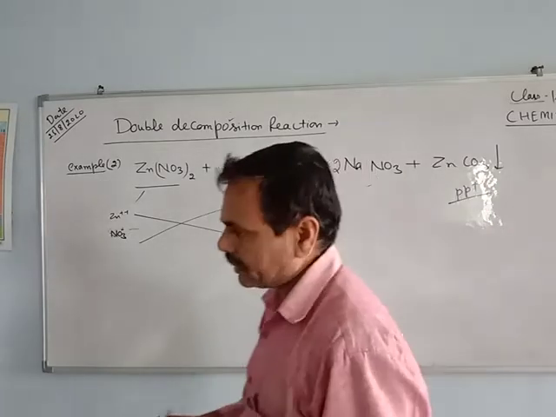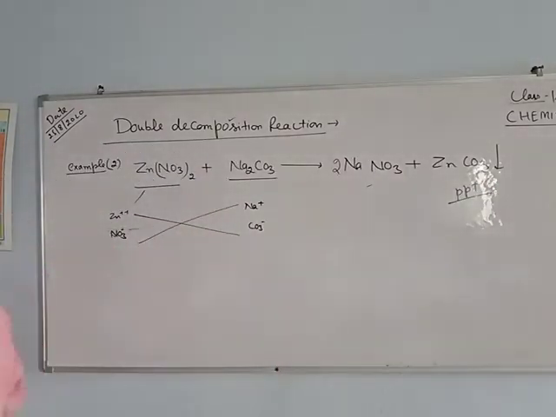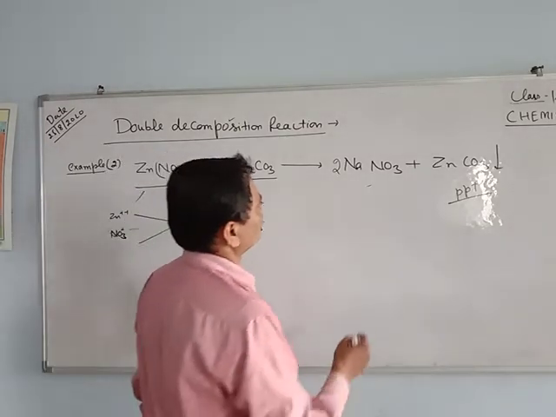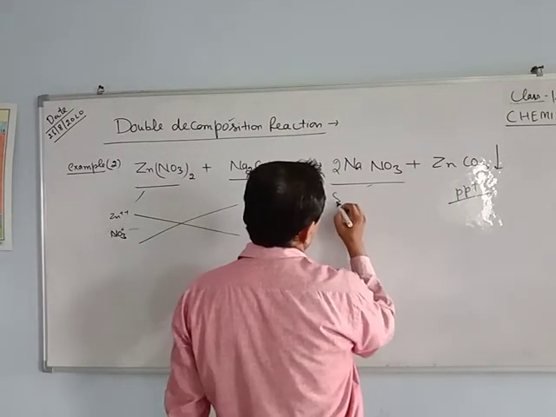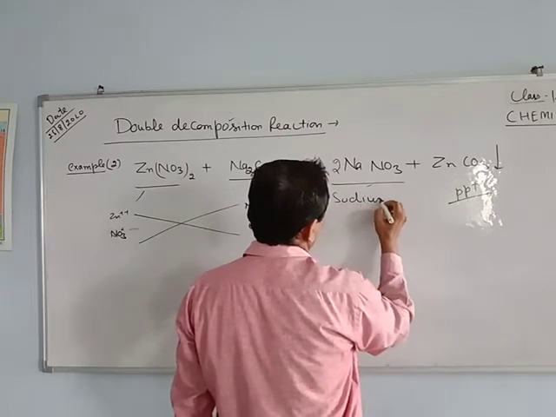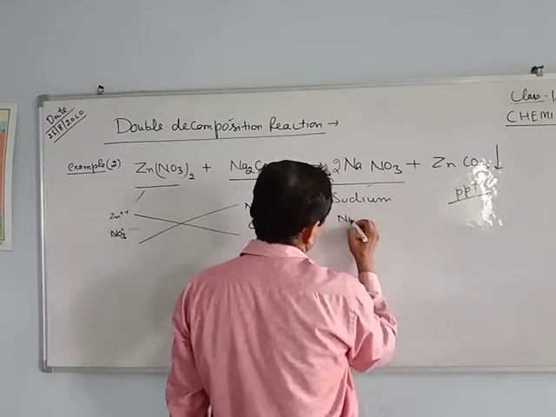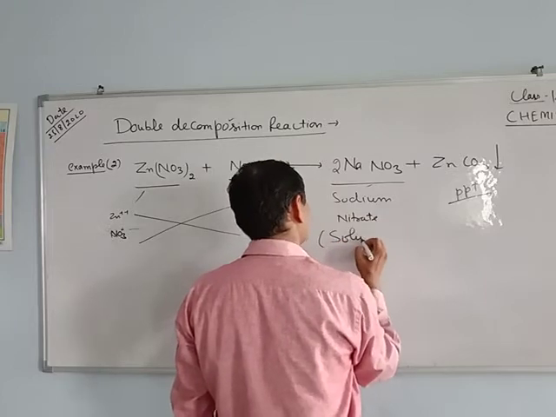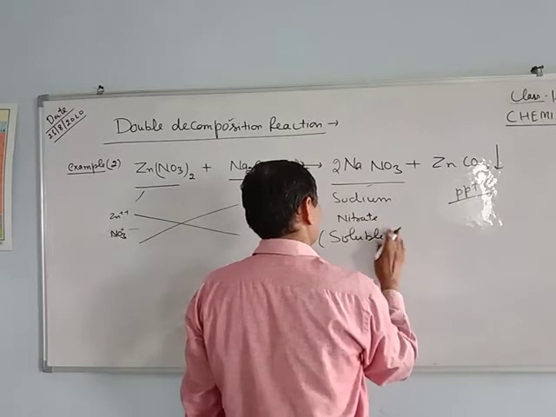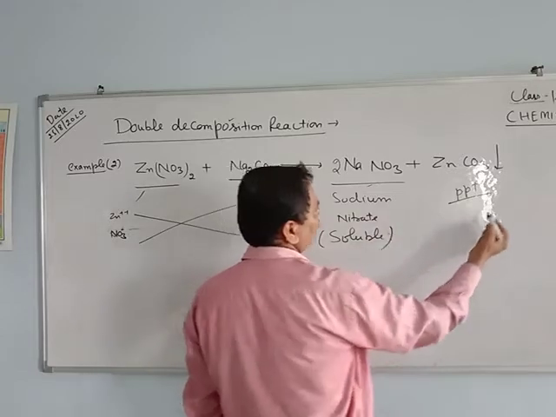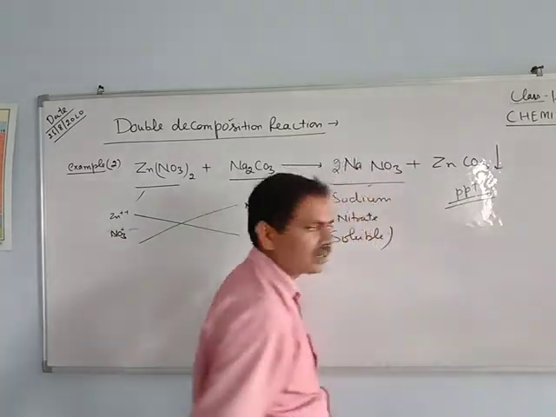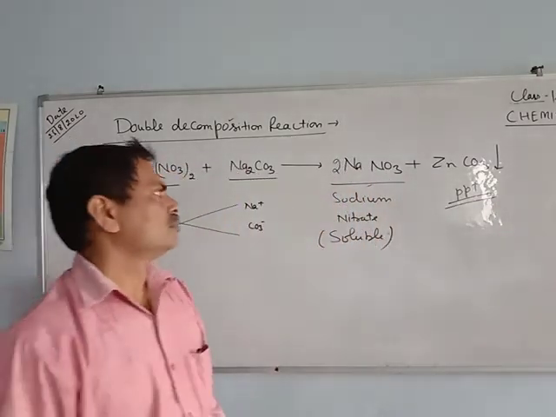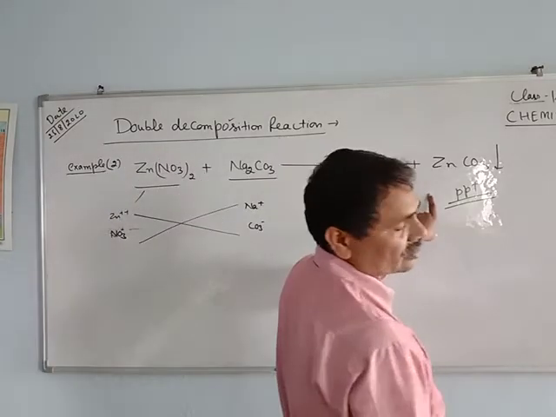It gives a precipitate. Sodium nitrate is soluble in water, and zinc carbonate is insoluble, that's why it is the precipitate of zinc carbonate. And it is white in color.